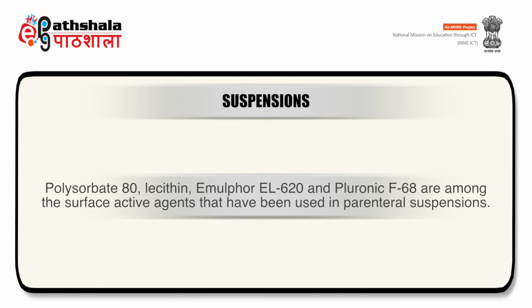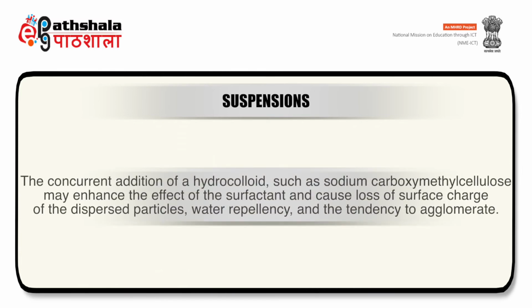Polysorbate 80 and lecithin are among the surface active agents used in parenteral suspensions. Concurrent addition of a hydrocolloid like sodium carboxymethylcellulose may enhance the effect of surfactant and cause loss of surface charge of dispersed particles, water repellency and tendency to agglomerate.